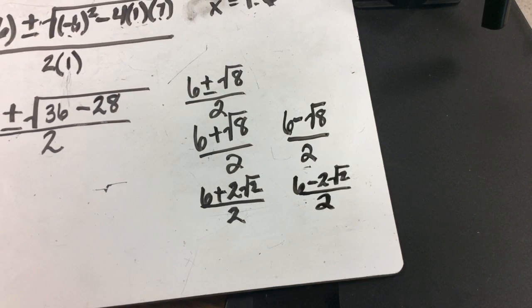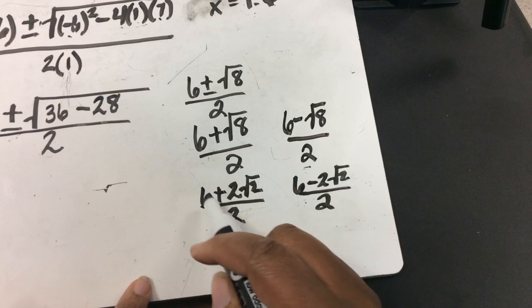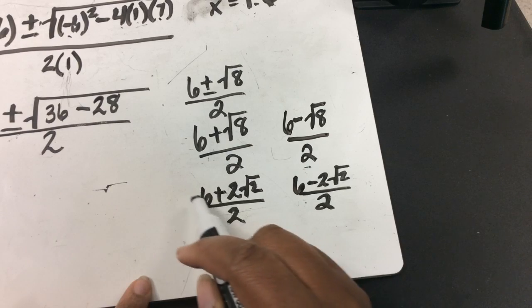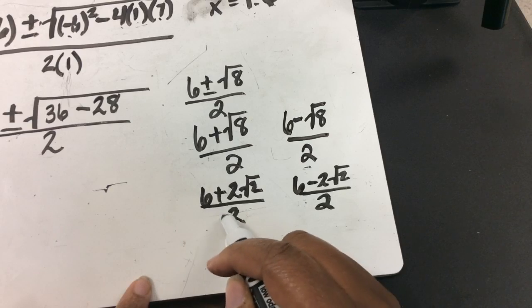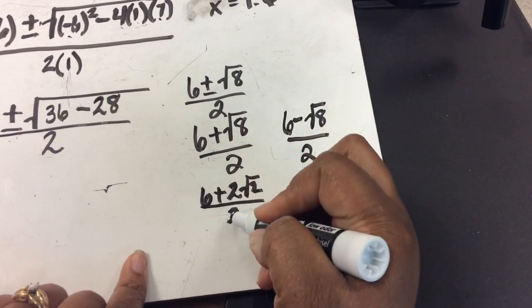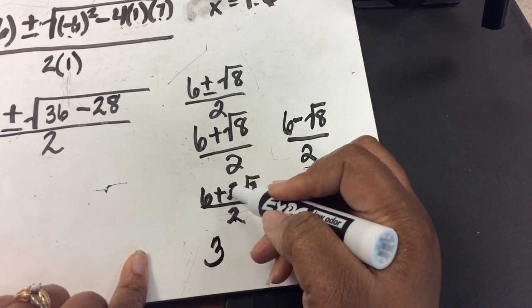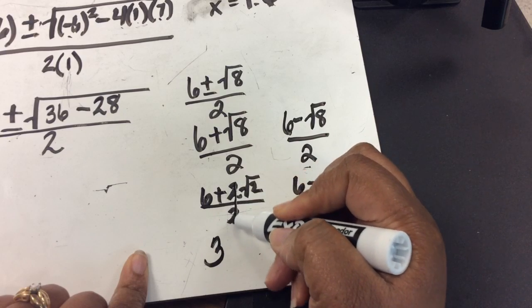I wish we were done, but we're not done. Now we're going to simplify this part. We have 6 over 2 and we have 2 over 2. 6 divided by 2 gives us 3. 2 over 2 cancels to 1.